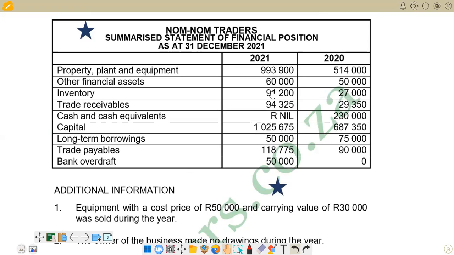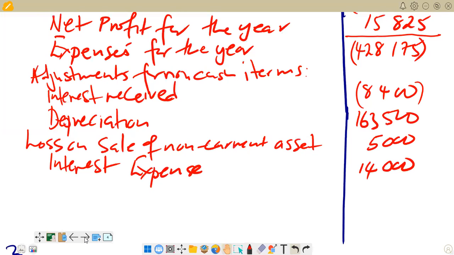Then we subtract 91,200. Then we do the opposite for trade payables. We are going to subtract 90,000, then we add 118,775. So we can just simply go there and make that adjustment. So when we are here now, from there, we are adding inventory at the beginning of the year.